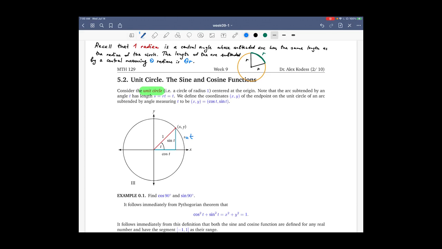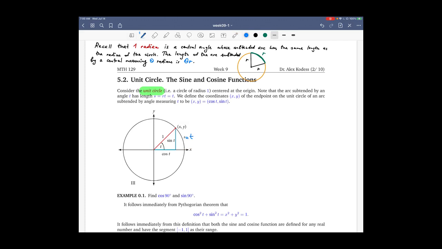The coordinates of every point along the circle can be determined by an angle whose initial side extends along the positive direction of the x-axis and terminal side determines a point.